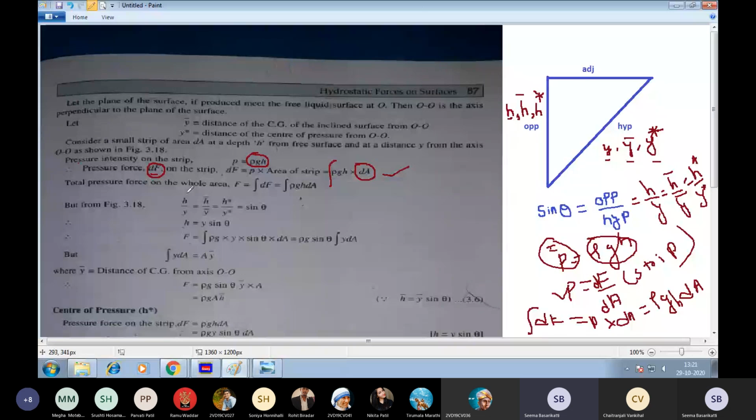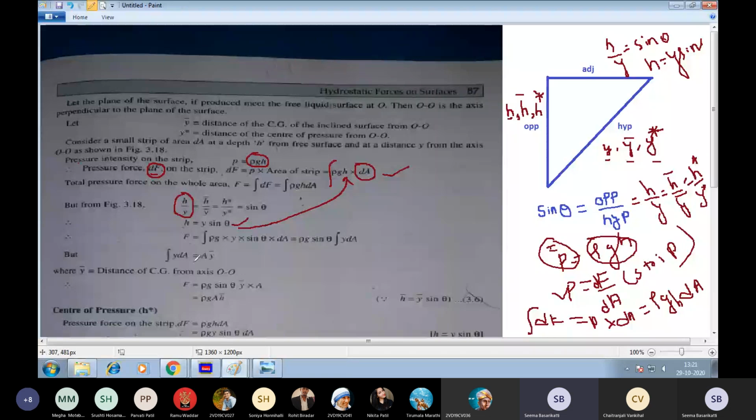So from this equation, h divided by y is equal to sine theta, therefore h is written as y sine theta. Now substitute the value of h in this particular equation.